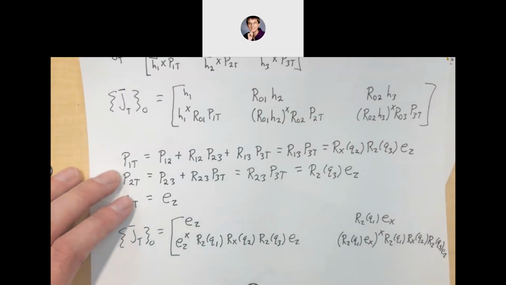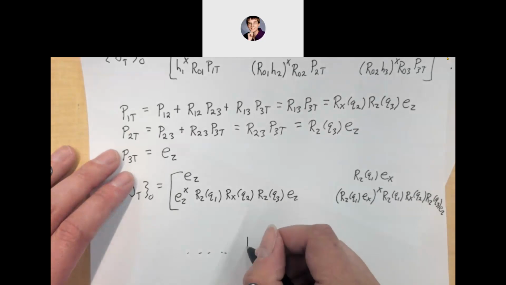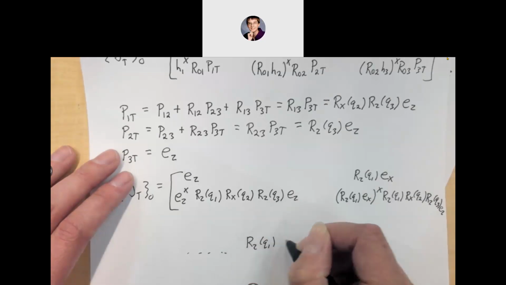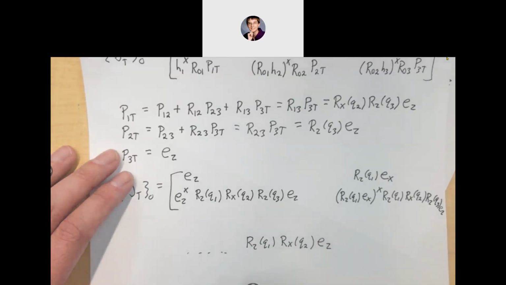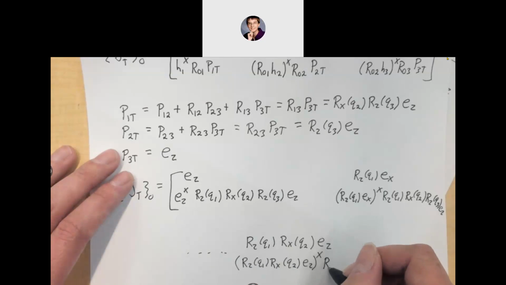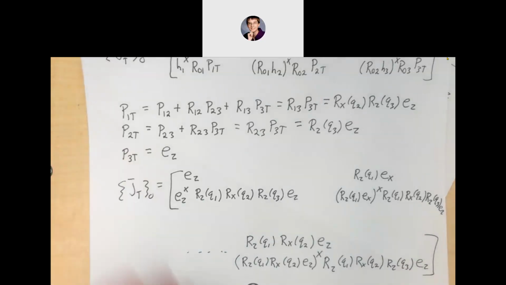And we'll continue on to the next line. And we have RO2 times H3, RO2 H3 cross, and we have RO3 P3T.